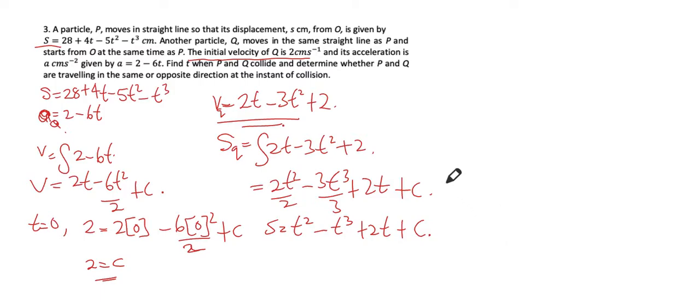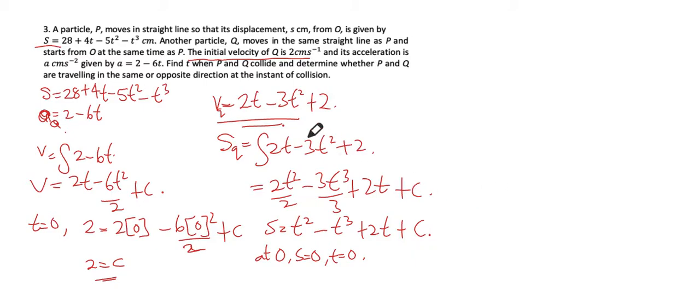If you read the question, it starts at O. So at O, s equals 0 and t equals 0. Every time when the question says at O, most likely it has to be 0 unless other information is given.